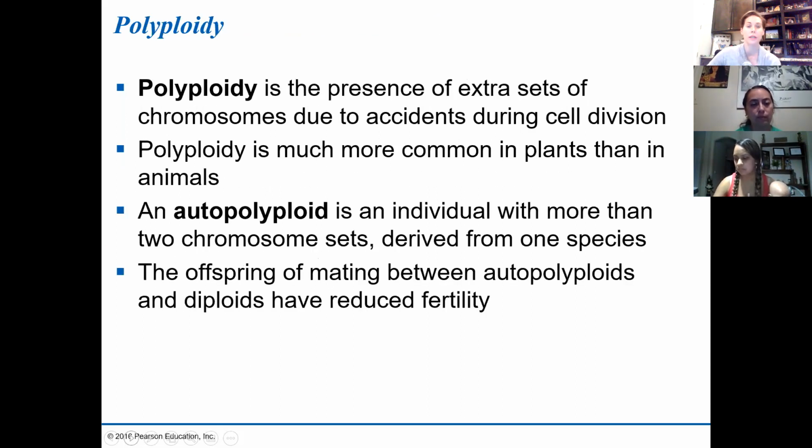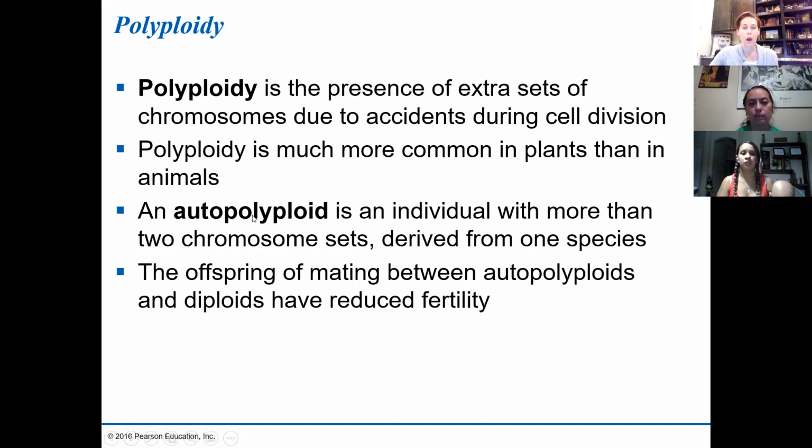So polyploidy is just the presence of extra sets of chromosomes. It's just random. It's like mutation almost in a way. Not really common in animals, because when it happens in animals, we think of trisomy 21. It usually is kind of to the detriment of the individual, but in plants, it's incredibly common. And it happens during cell division. Accidents happen. You end up with extra chromosomes than you should.